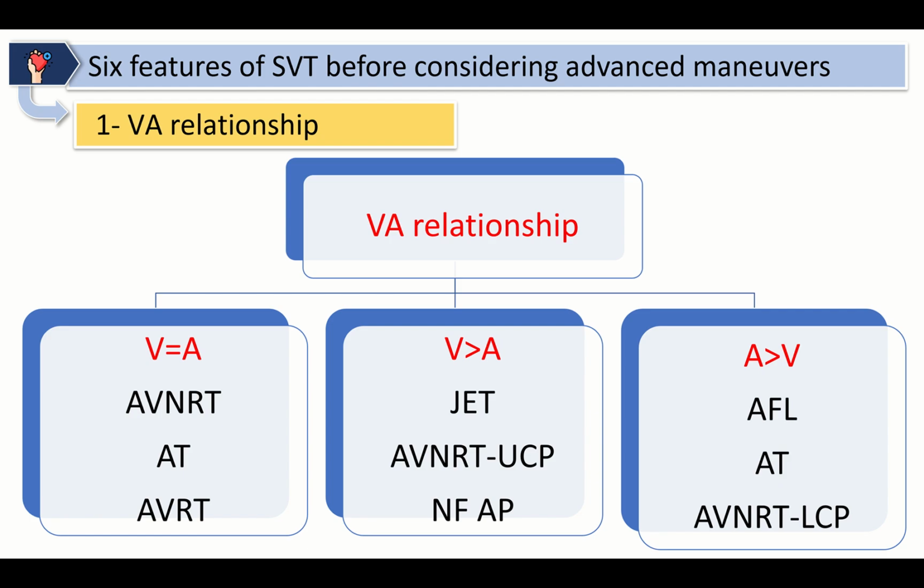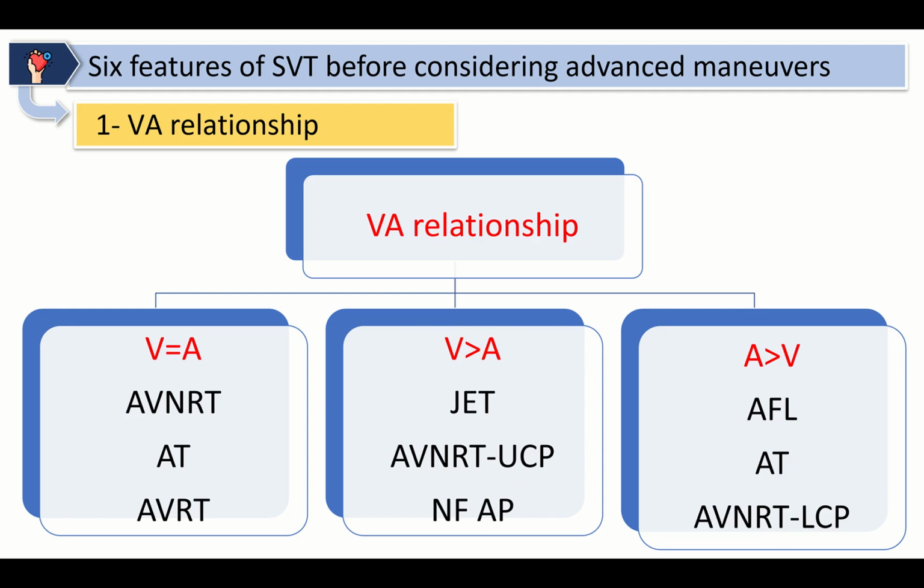Let's start with the first question, and we have an amazing golden rule. VA relationship. If V is equal to A, it may be AVNRT, atrial tachycardia with one-to-one conduction, or accessory pathway mediated tachycardia, AVRT.